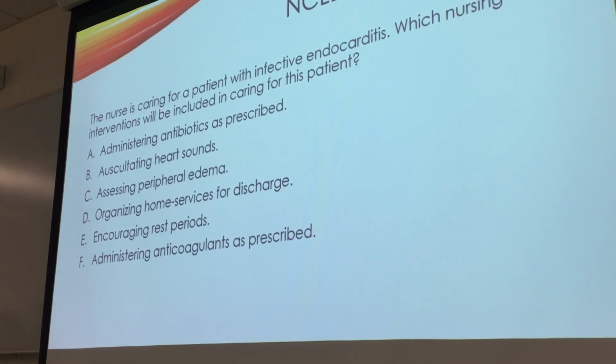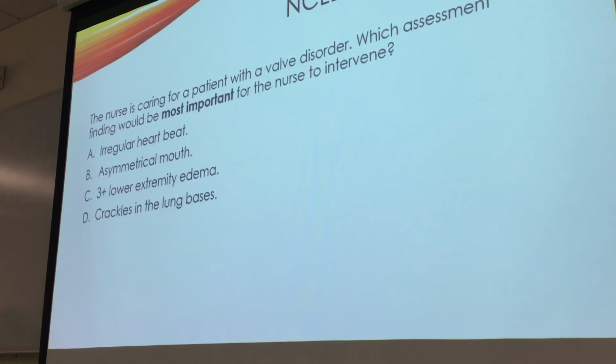If it's progressing and worsening, they may have signs and symptoms of heart failure. So it was A, B, C, and E. Oh, not B? Nope. Because as a nurse, you wouldn't be organizing their home services. That's like case management.